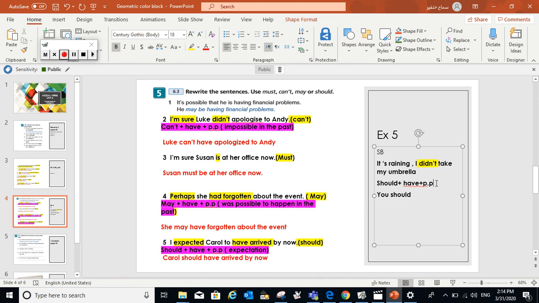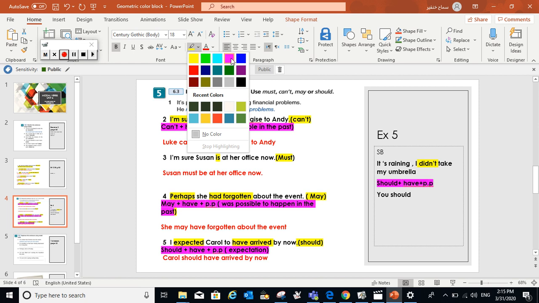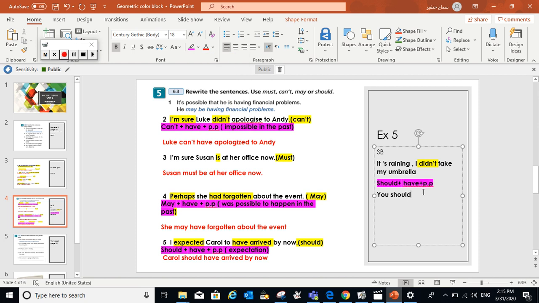This is the rule. You should have taken your umbrella, where taken is the verb in the past participle. So whenever we refer to the past, you should write a modal verb plus have plus verb in the past participle. I hope this is clear.